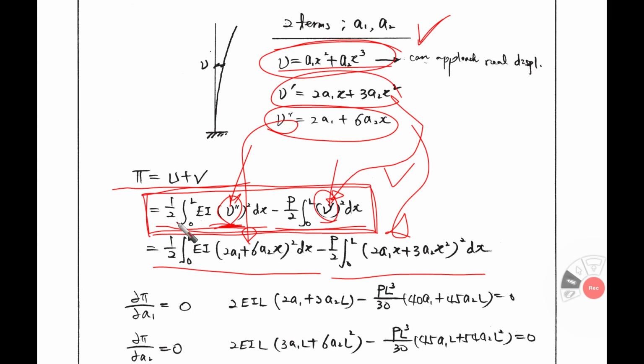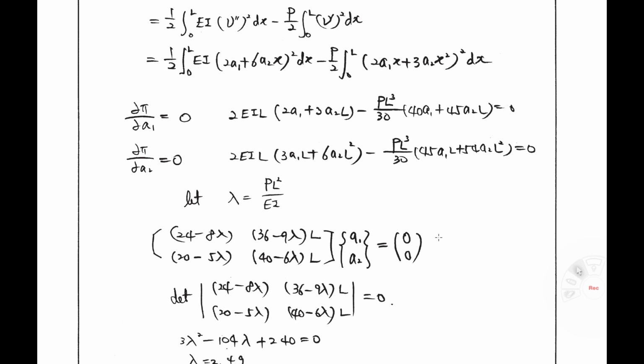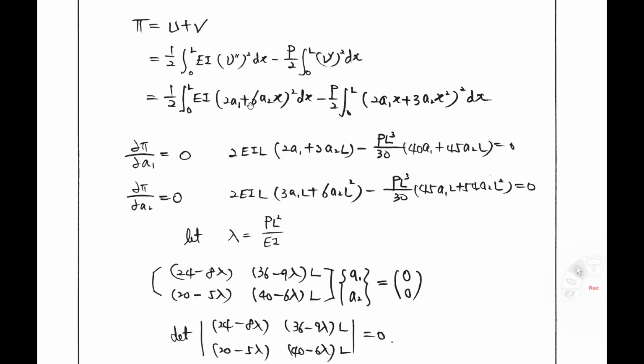Then you calculate this integration, and then you take the partial derivative with respect to A1 and A2. You have two, A1 and A2. So the partial derivative against A1, then you get this equation after integration. And then the partial derivative against A2, then you get this equation.